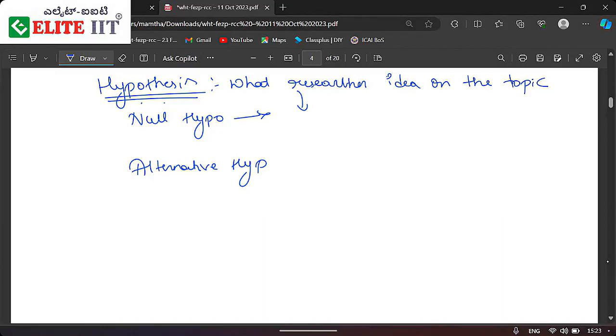Obviously you should keep some alternative for that, right? For example, I think that this vaccine will combat the Zika virus, say 90%.